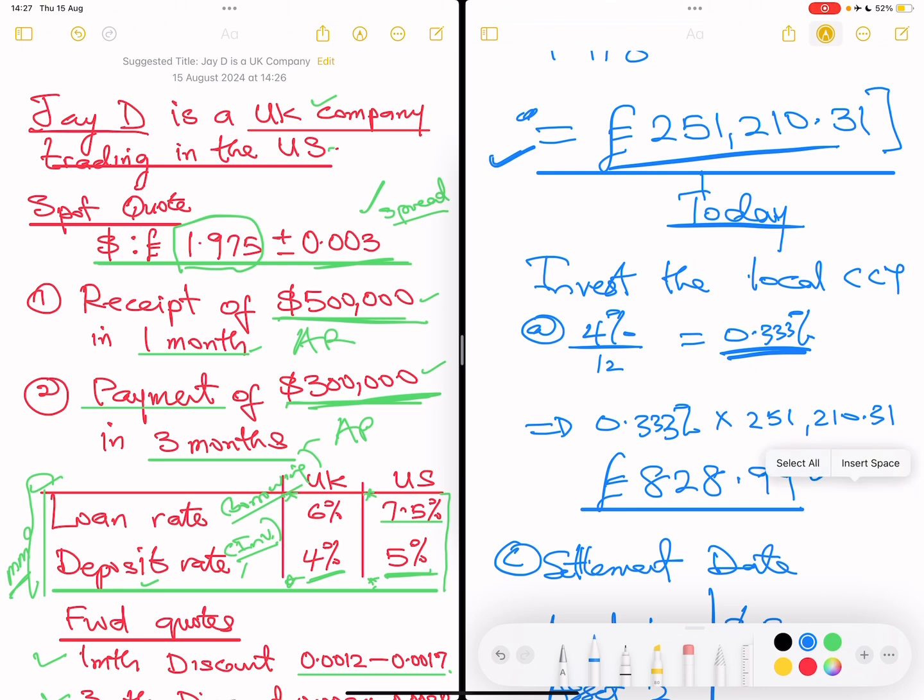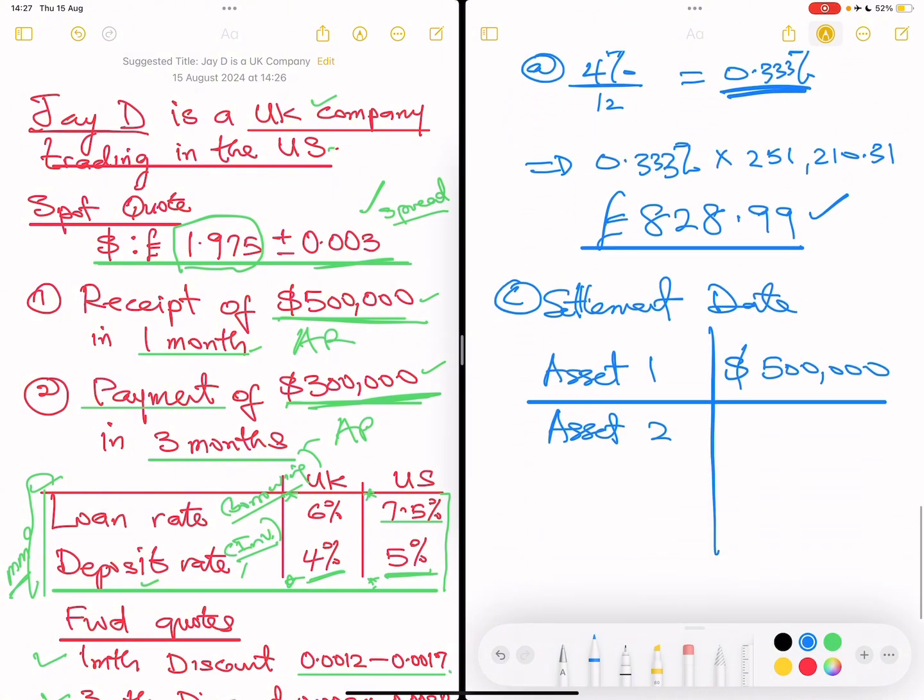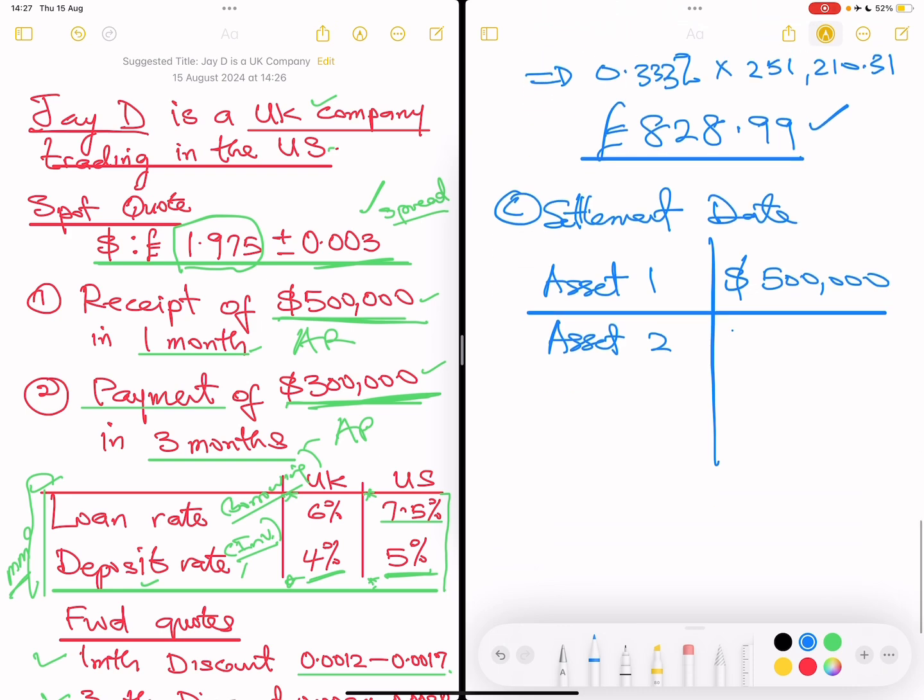251,210.31 plus 828.99. That will give us a total, but that's a pound asset. In a month's time, we're going to have 252,039.30.